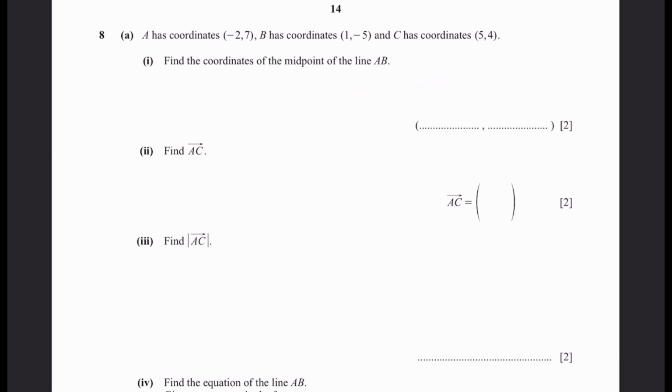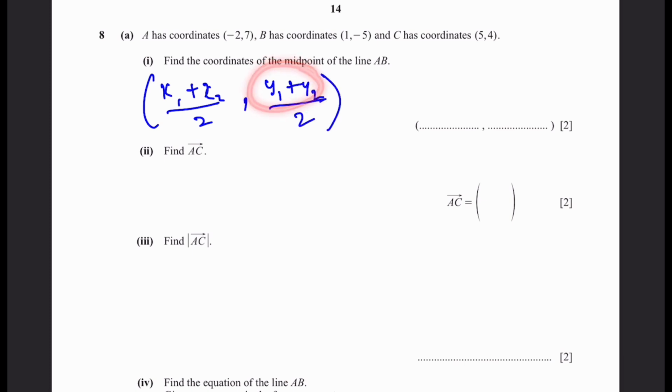So the midpoint is going to be x1 plus x2 by 2, which is the sum of the x values divided by 2, and then y1 plus y2 by 2, which is the sum of the y-coordinates divided by 2. That gives the midpoint. So we get minus 2 plus 1 by 2, which is minus half, comma, 7 plus minus 5 by 2, which is 1. So minus half, comma, 1 is our answer.